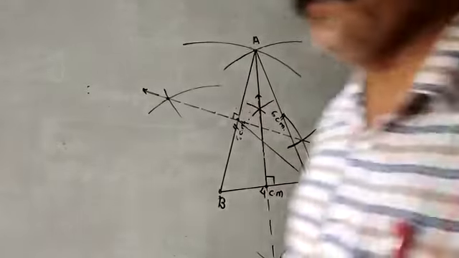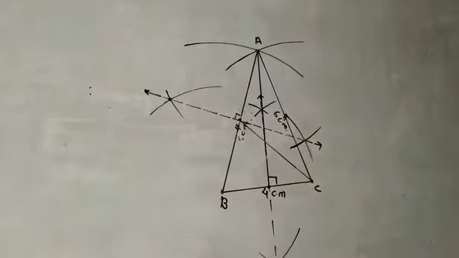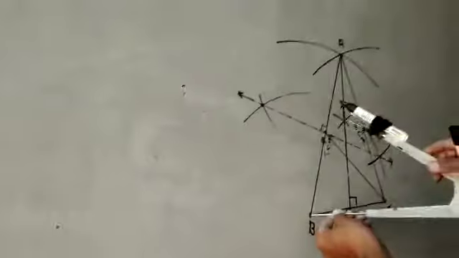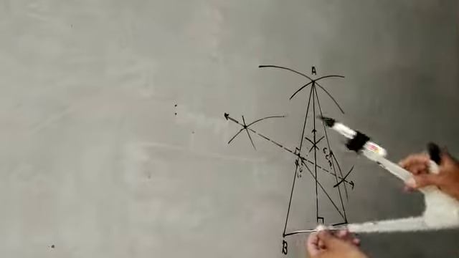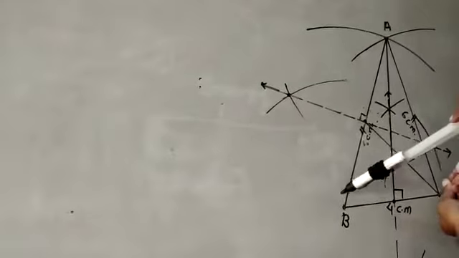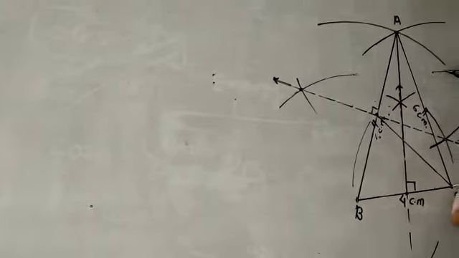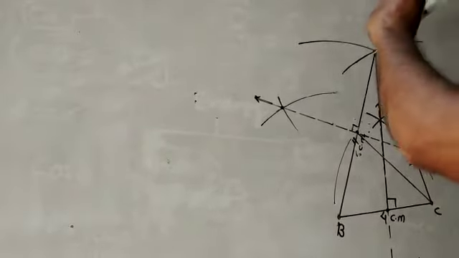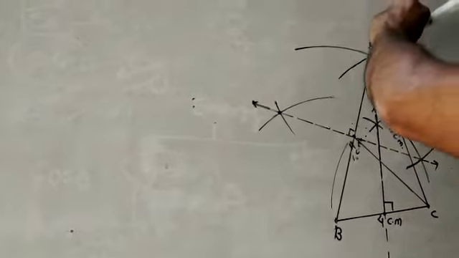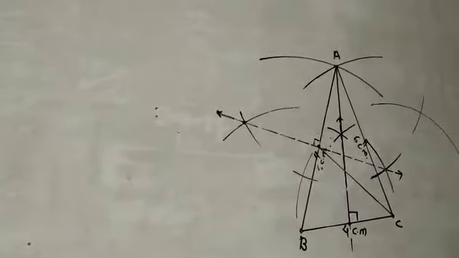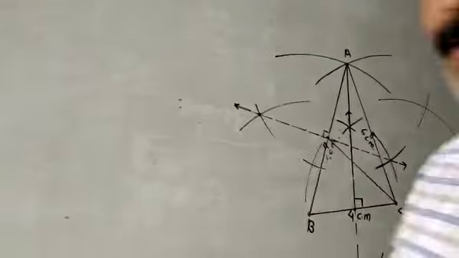At that time, you have to use the compass. In the similar manner, you have to take more than half the distance and make the arc here to both sides. Keep the pointer on A and make the arc like this. Everybody understand? Then you have to join the line.